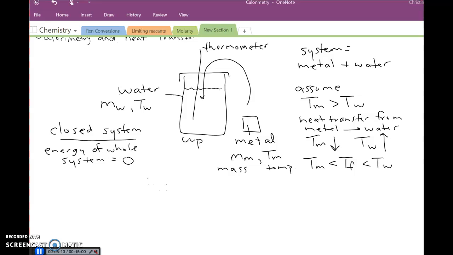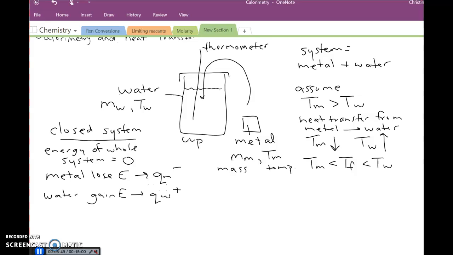So here our metal is going to lose energy. So it's going to end up with a Q value of the metal, which is negative. The water is going to gain energy. So that means the Q value of our water is going to be positive.